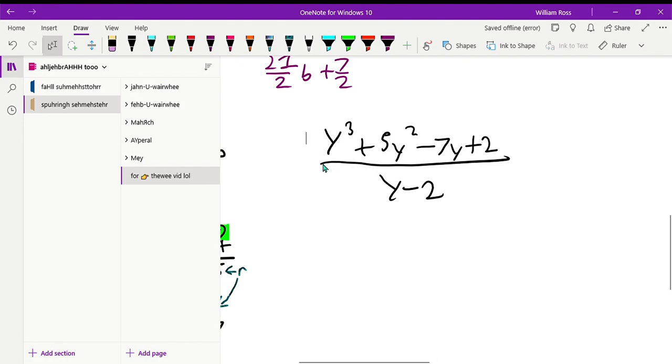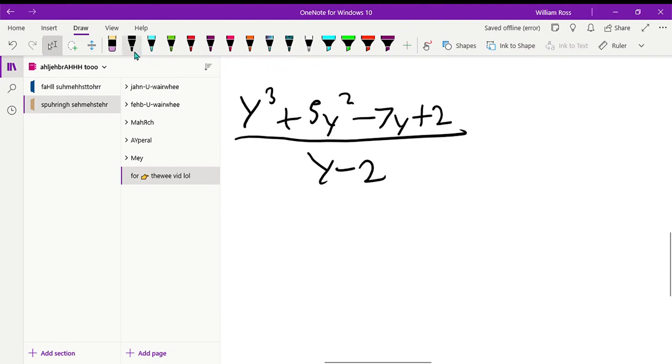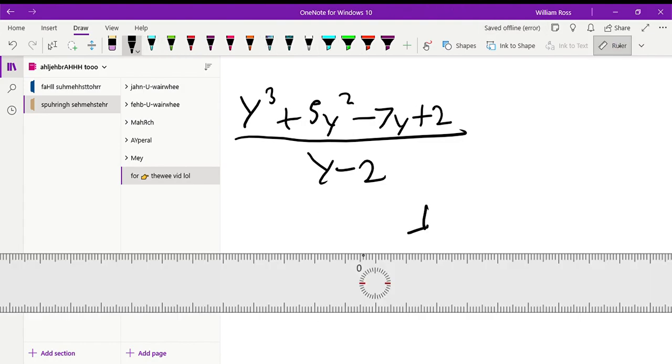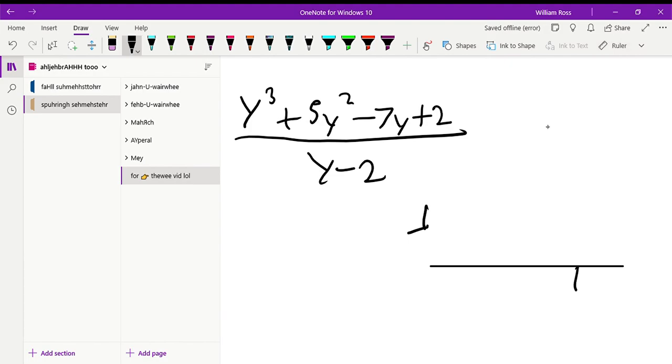Alright, so let's do the setup. Let me just do the ruler. There, that looks better. Alright.